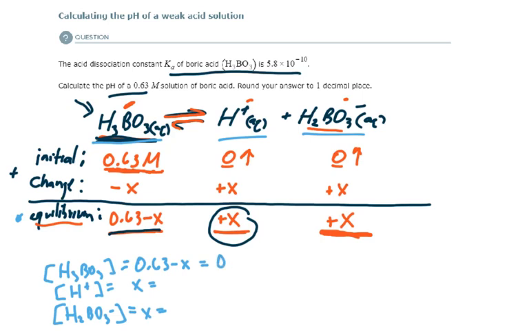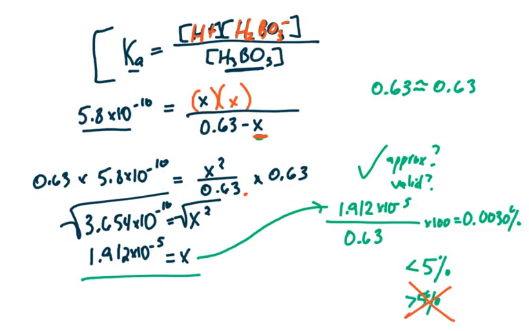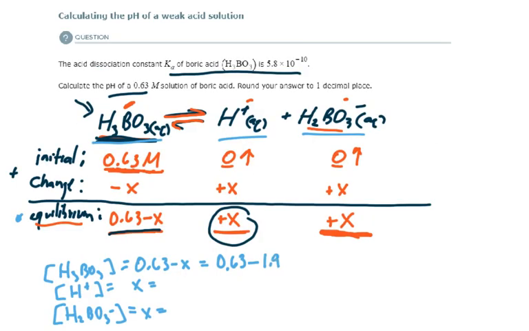This would be equal to 0.63 minus our value for X, which is 1.912 times 10 to the minus 5. The hydronium concentration is equal to 1.912 times 10 to the minus 5, and the conjugate base concentration is also equal to 1.912 times 10 to the minus 5.